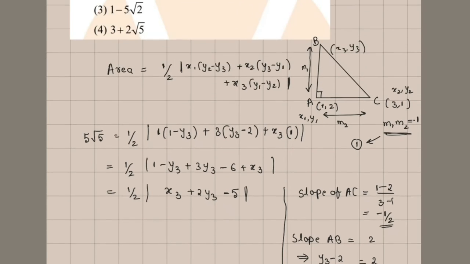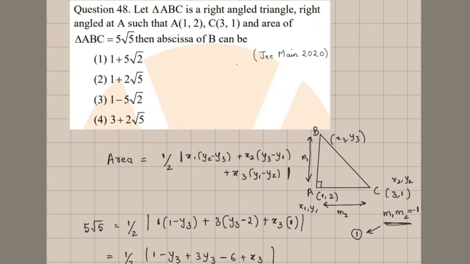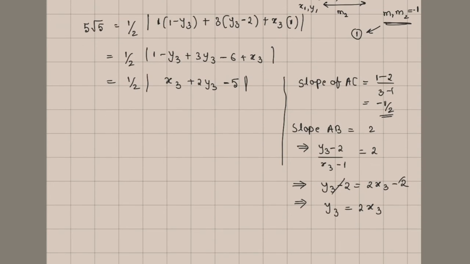So here in the question they ask you to find the abscissa. Abscissa is nothing but the x coordinate. So we need to find x3.